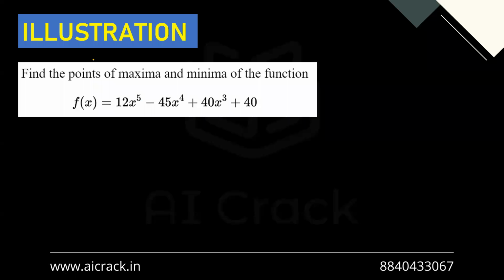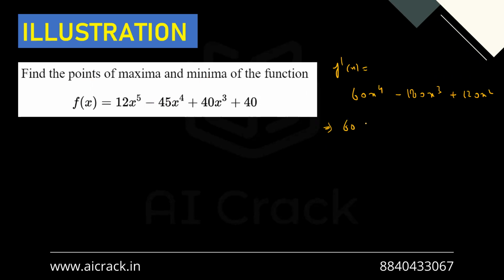Now let us look at one example to understand the process. Find the points of maxima and minima of the function f(x) equals this. So the first step is to calculate f dash x. What would that be? 60 times x raised to power 4 minus 180 times x cube plus 120 x square.